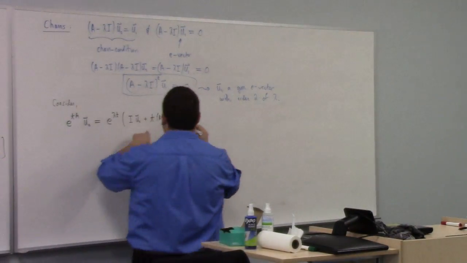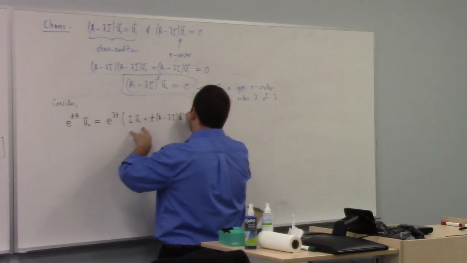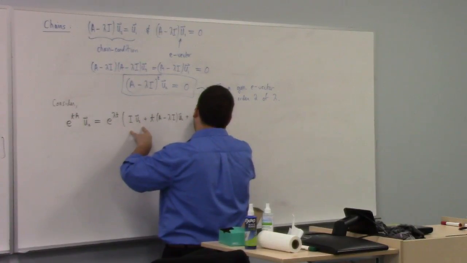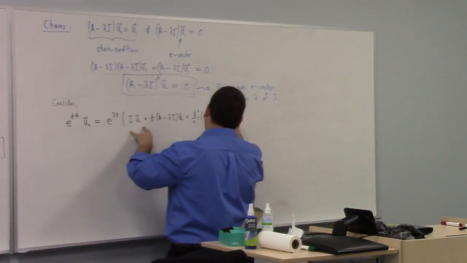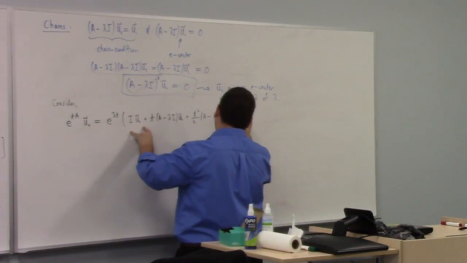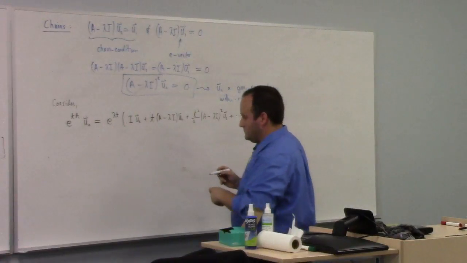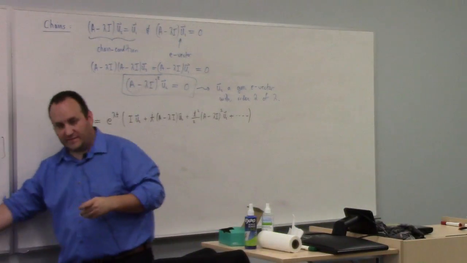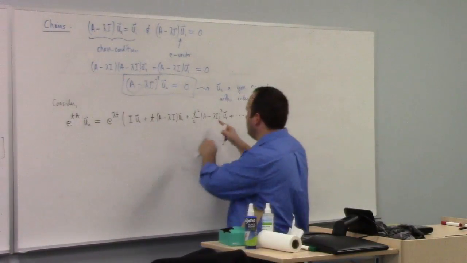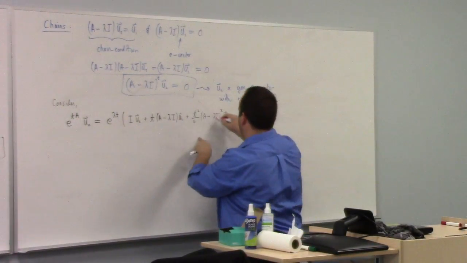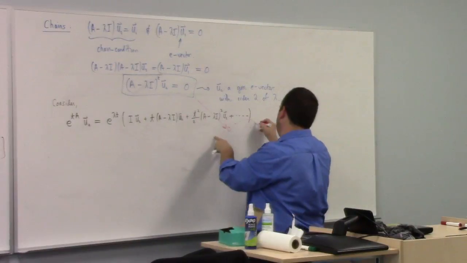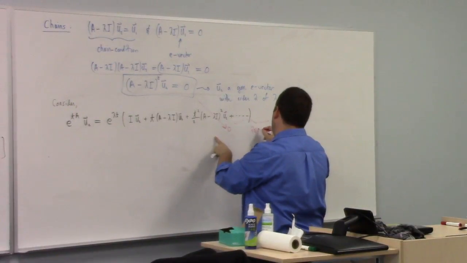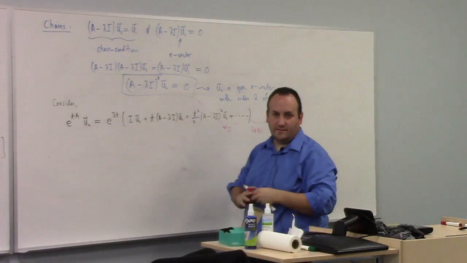Check out how this works here. So this is u2, plus t times (A minus lambda I) u2, plus t squared over 2 times (A minus lambda I) squared times u2, and then more. So what happens this time? This quadratic piece goes to 0, and so does all this. Everything higher also vanishes, truncates.